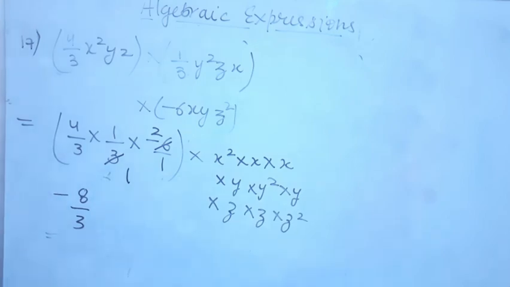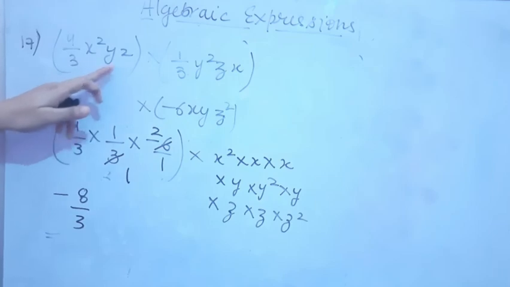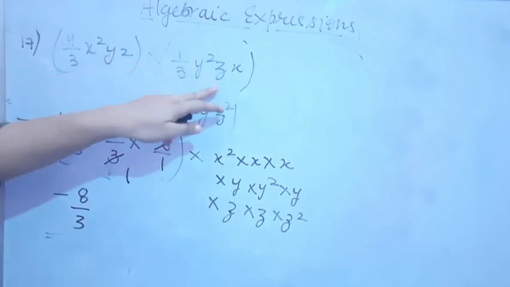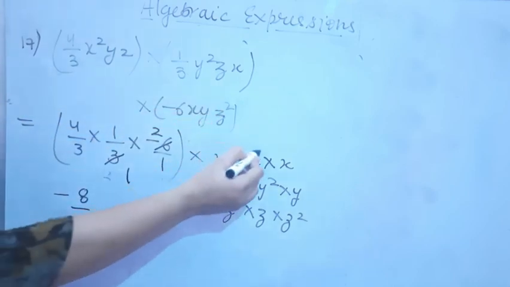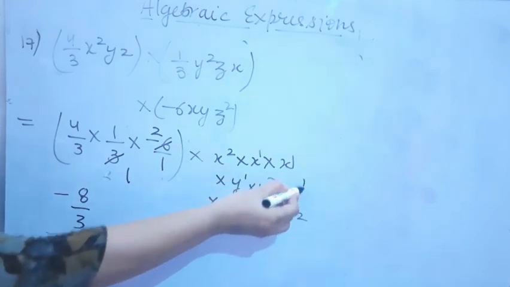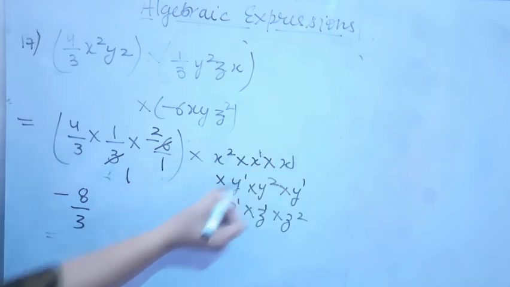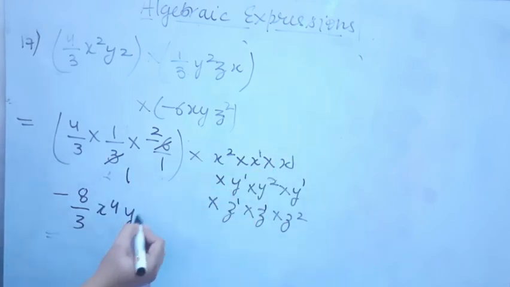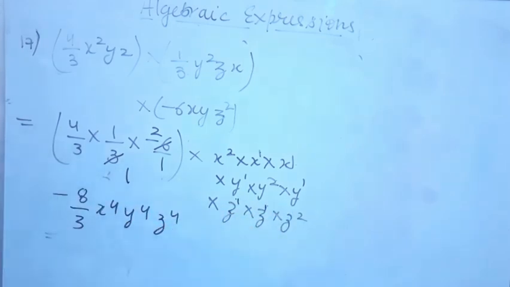In multiplication all the powers are added, and a number which is not having any power is considered as 1. So 2 plus 1 is 3, 3 plus 1 is 4, so x to the power of 4. 1 plus 2 is 3, 3 plus 1 is 4, y to the power of 4. 1 plus 1 is 2, 2 plus 2 is 4, so z to the power of 4. So that is the final answer.